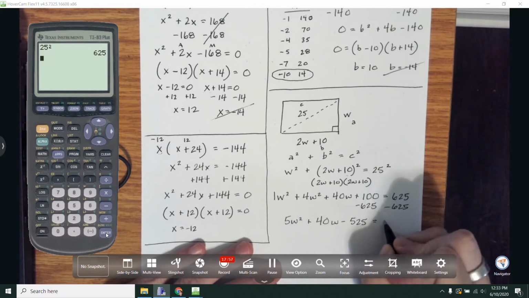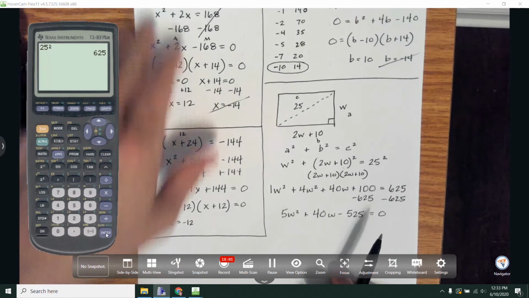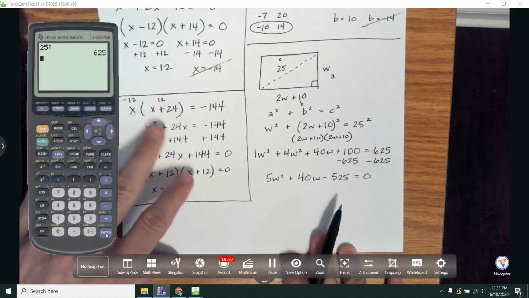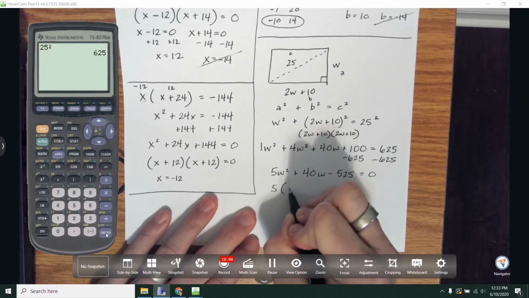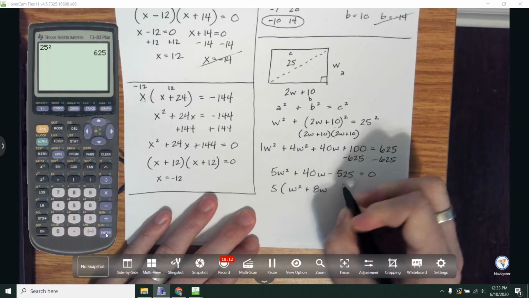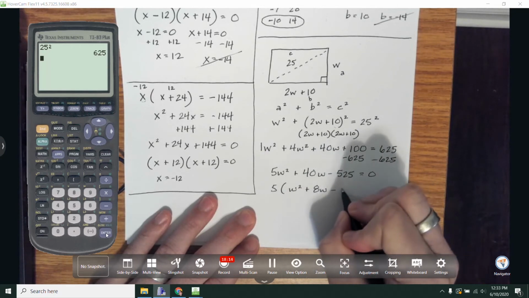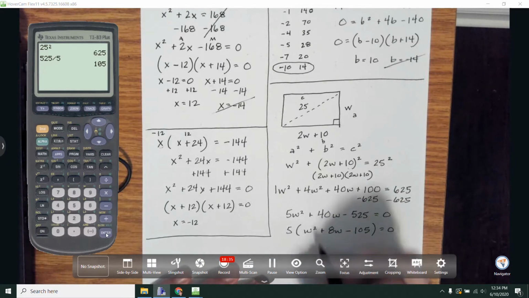And this equals 0. Well, now we think about what's our greatest common factor in this thing. And we should say that it is 5. So we're going to take out a 5. And that leaves us with w squared plus 8w minus 105. This 5 just kind of becomes irrelevant.